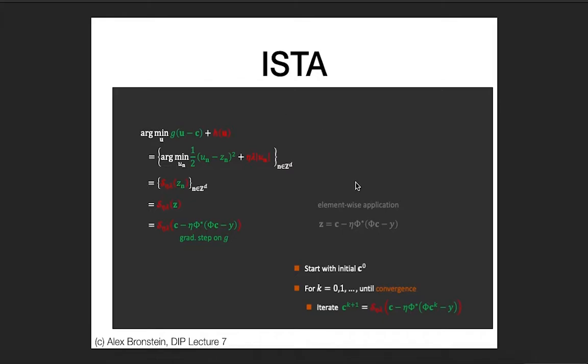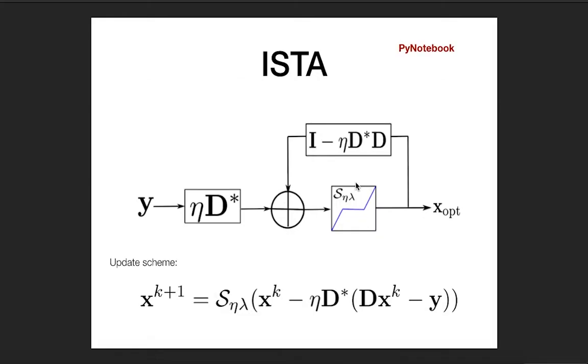So the update scheme is like this. You get your input y, and initially you initialize with some x equal to 0, let's say, and your update scheme is the following. xk is minus eta D transpose D times this thing, which goes to a shrinkage operator, and then it happens over and over again, right?